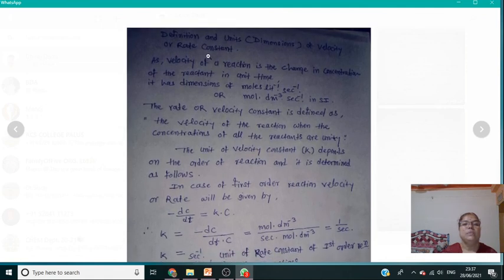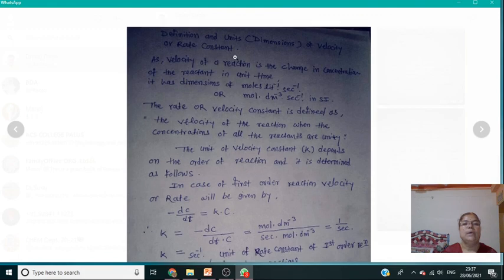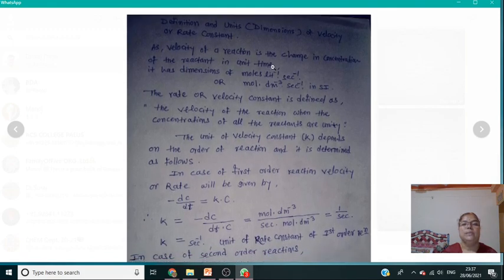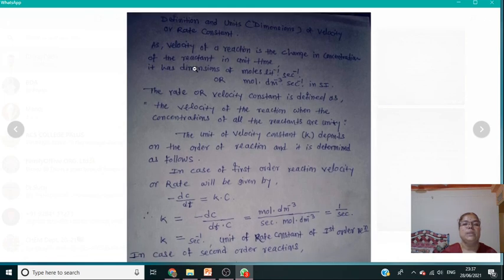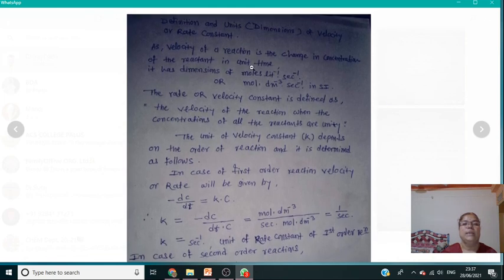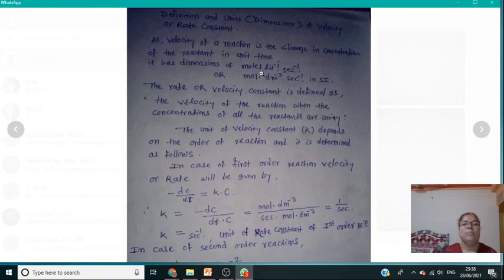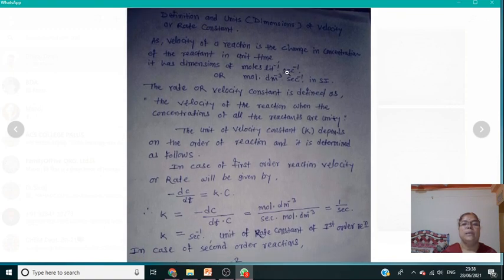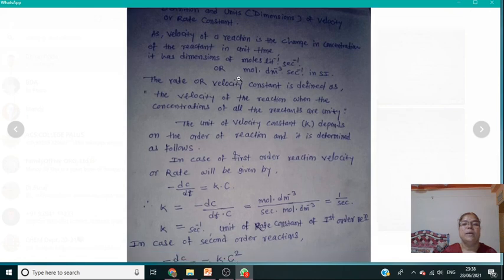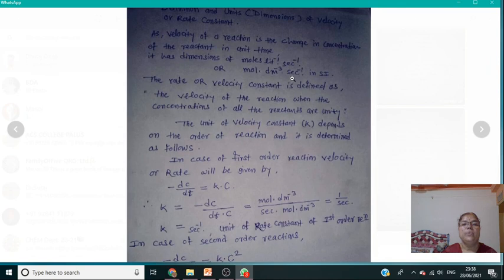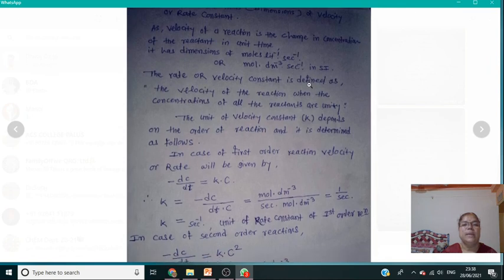Then see the definition and dimensions of the velocity constant or rate constant. You know, the velocity of a reaction is the change in concentration of a reactant in unit time. Therefore, it has dimensions of moles per liter per second in CGS unit and mole per dm cube per second in SI unit.